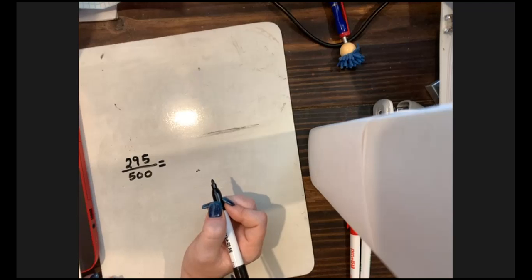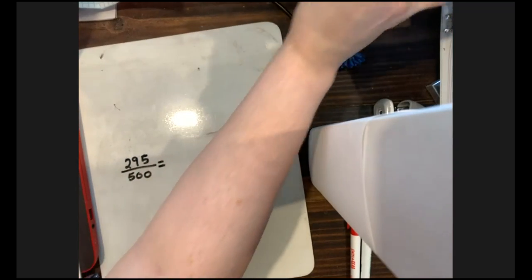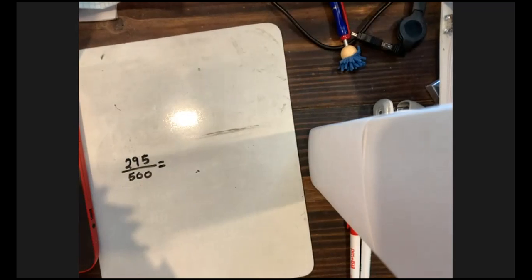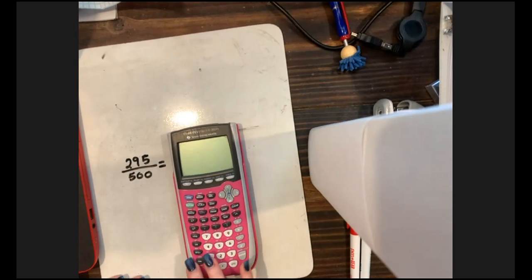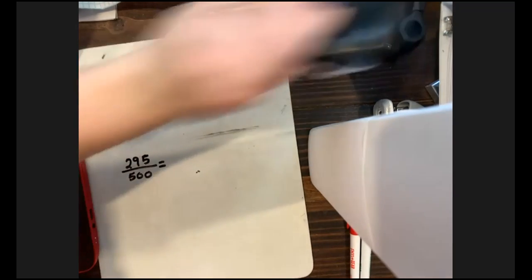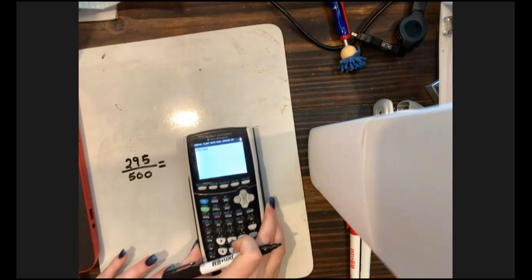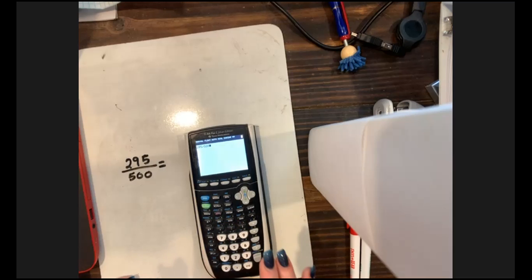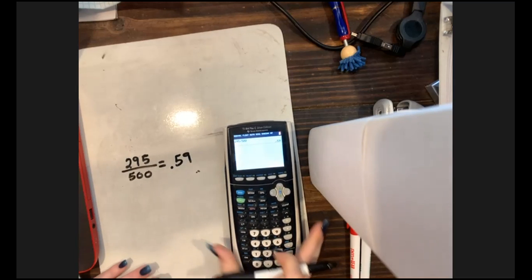Now, helpful hint, if you have one of the TI-84 calculators, on your calculator you can put in 295 divided by 500. And first off, I do get that that is 0.59.